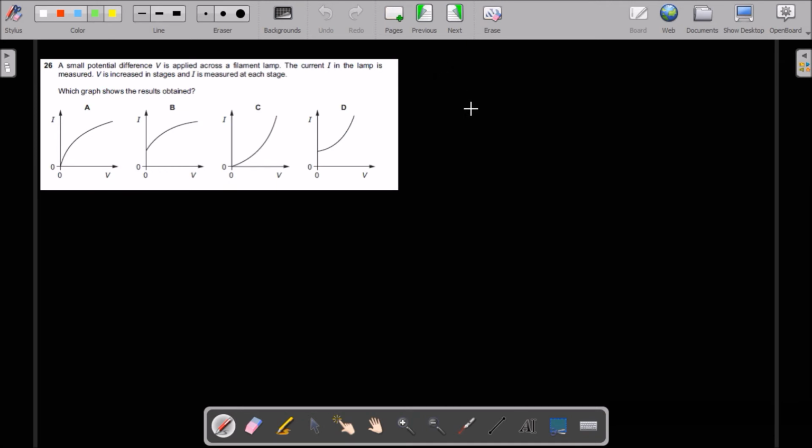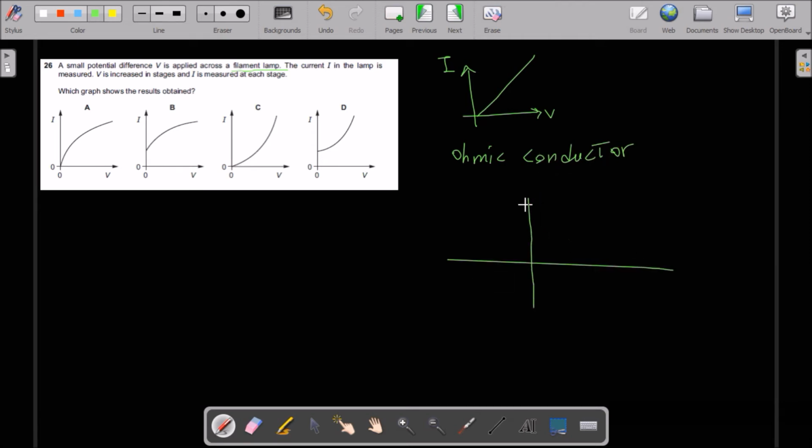Question 26. Which graph shows the result obtained? So this is for a filament lamp. You know that the IV graph is a straight line for an ohmic conductor. The IV graph for a semiconductor diode is like that.